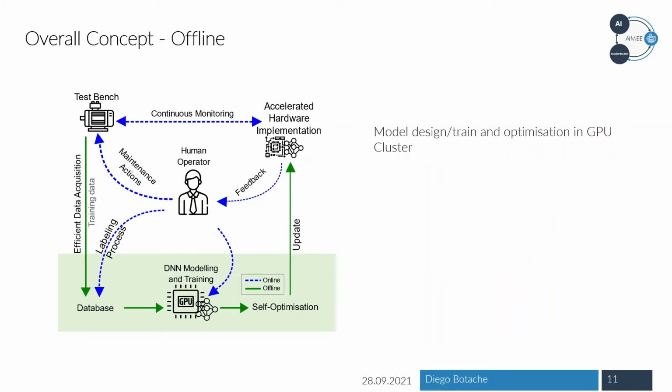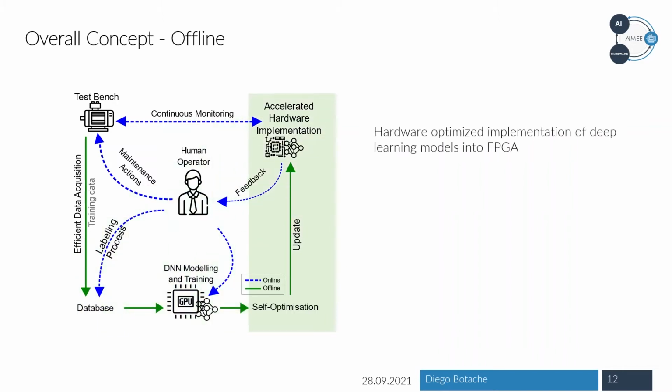The training and design of the models should be done in a GPU cluster, and it should also include a self-optimization cycle for hyperparameter optimization. Then we go to the optimized implementation of the generated models into FPGA.